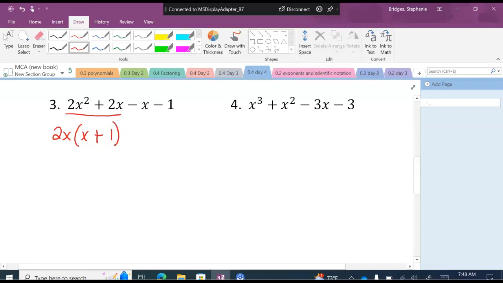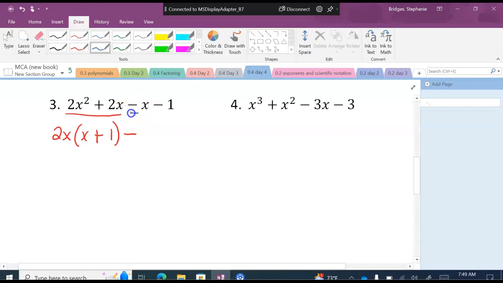Okay. Now here's where a little bit of a change is going to happen. I am going to bring down that second sign like we did before, but now I'm bringing out a -1 technically, okay? We're going to look to see if those other two terms have anything in common, but we're going to have to be careful when we write what's left in our parentheses.